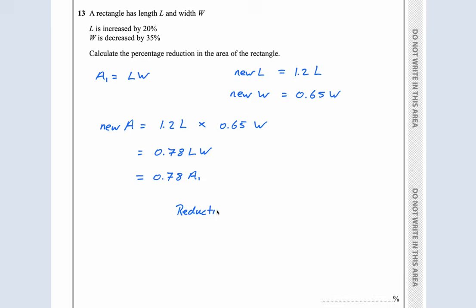The reduction is then 22%, because 100 minus 78 is 22%. I'll just write that at the side, guys. 100 minus 78 equals 22. Therefore, reduction is 22%.